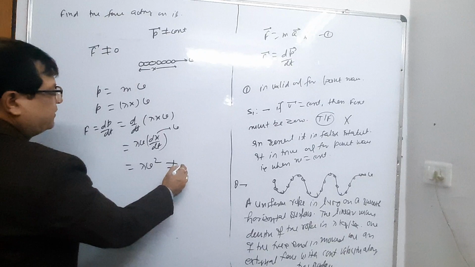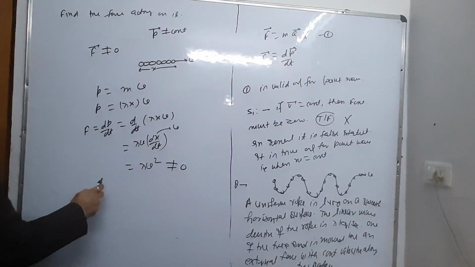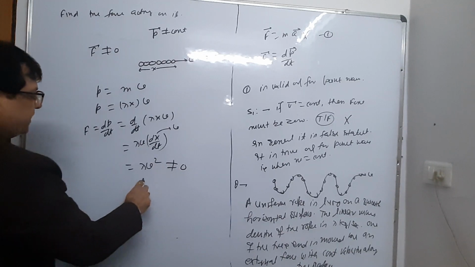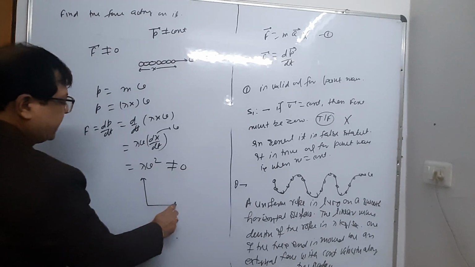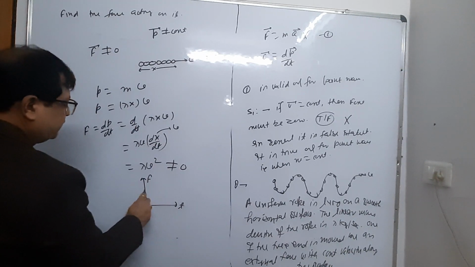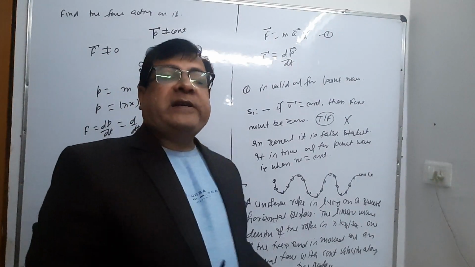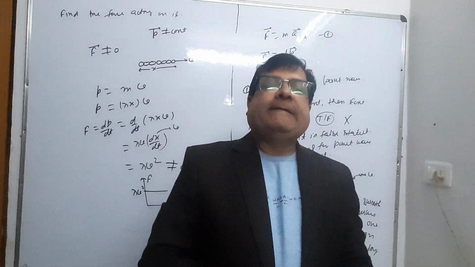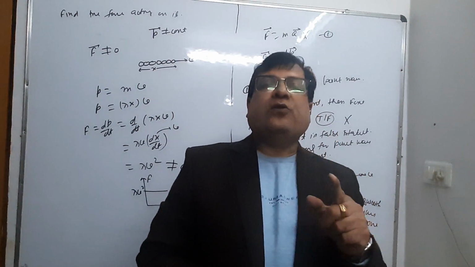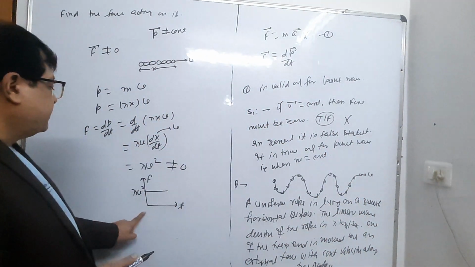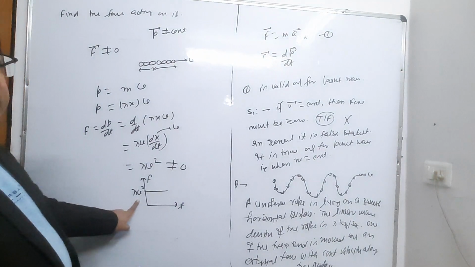So F is constant at any time t. So even when no part of the rope is moving at t equal to 0, still the force is not 0 at that time. When t is equal to 0, force is lambda v square.